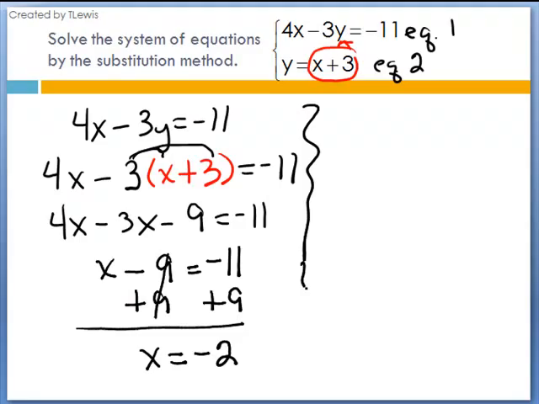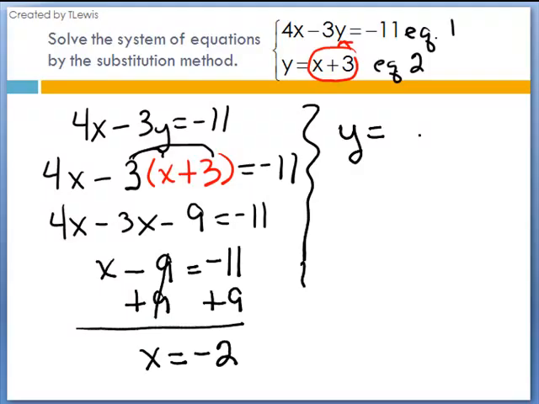So let's go back to our how-to in our notes. Solve this new equation, which we've done, if possible. And it says, then substitute back into one of the original equations to find the value of the other variable. So what we're going to do is take the -2, and we can use the first equation or second equation. Well, let's use the second equation.